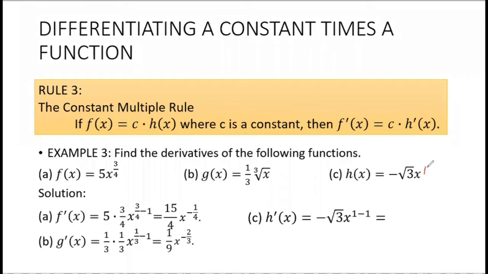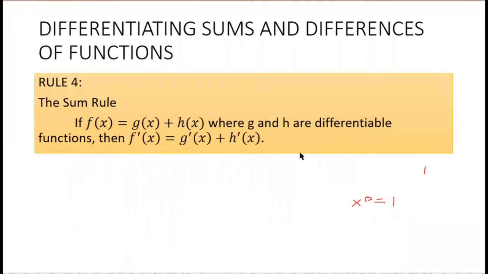So, kahit yan ay ibaba mo, product with negative square root of 3, ganun din ang lalabas. Identity lang with negative square root of 3. Then, 1 minus 1 is x to 0. So, kapag ang x raised to 0, that is equivalent to 1. So, therefore, 1 times negative square root of 3 is negative square root of 3.